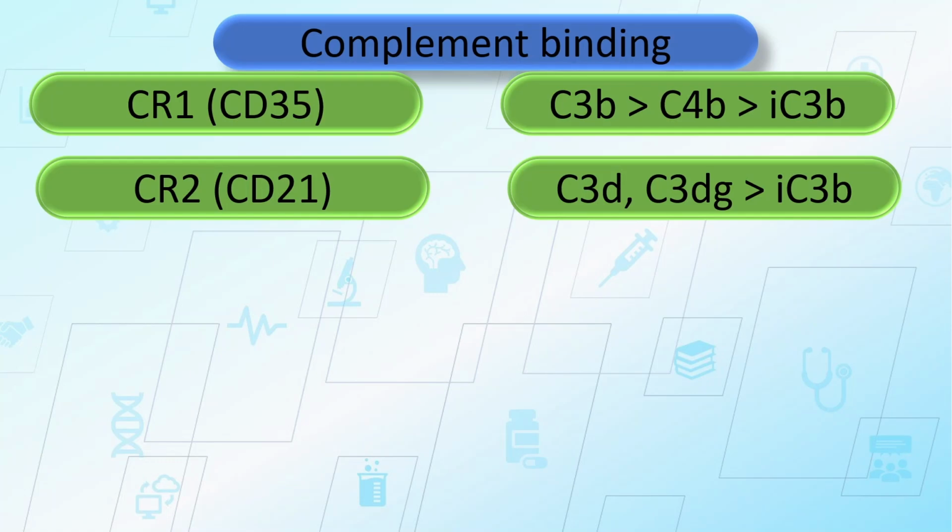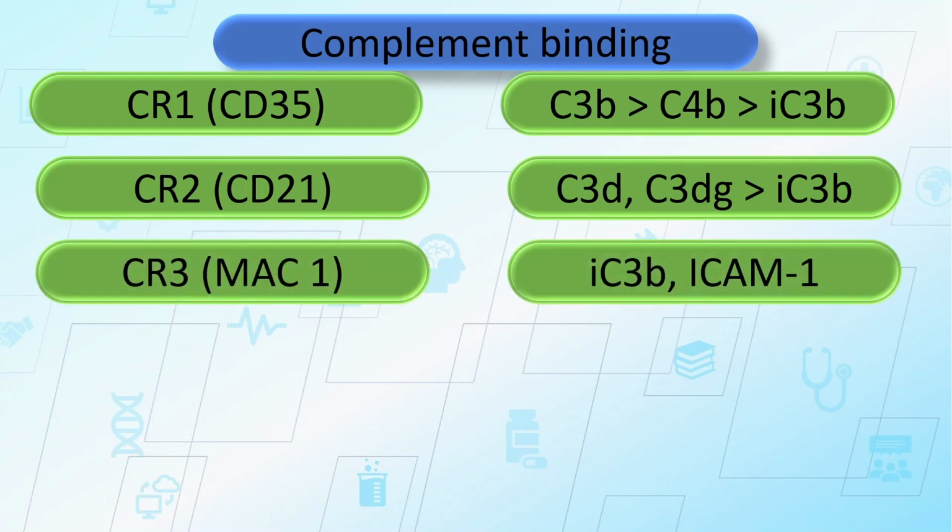And the other is complement receptor 3, and the other name for this is MAC1 or CD11b complexed with CD18.